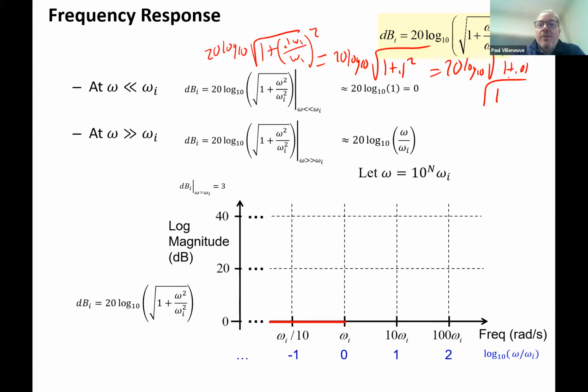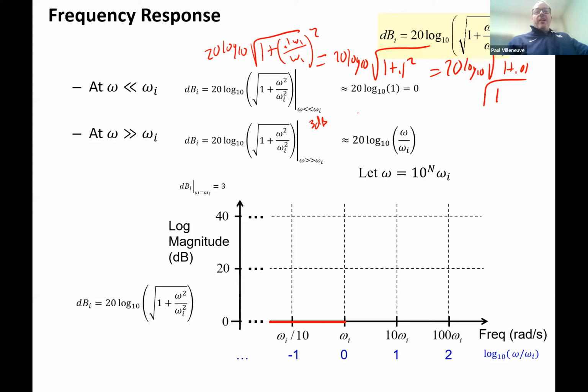So the concept we're using is, if we're about a decade away from our break frequency, there's no contribution here. So our 20 log 10 for this particular pole or zero is going to be 0. We already talked about the fact that when they're the same, we get 3 dB.